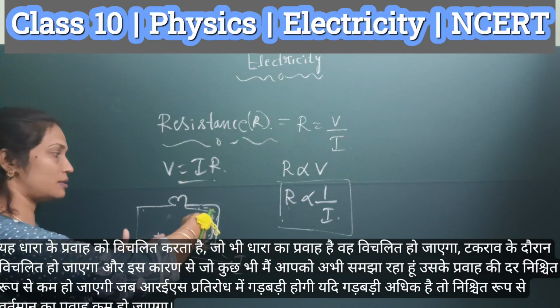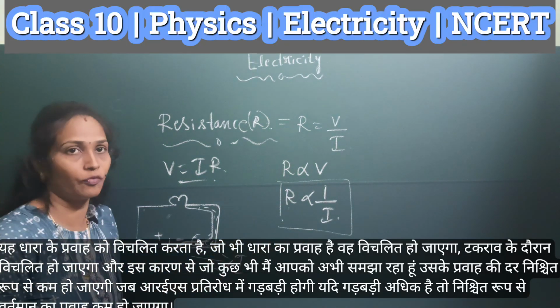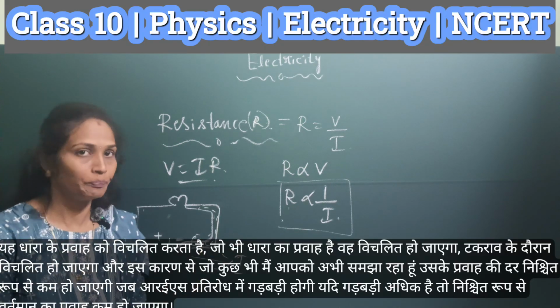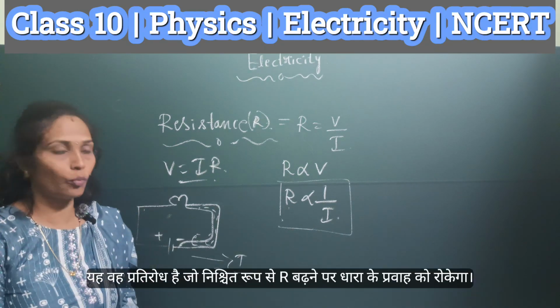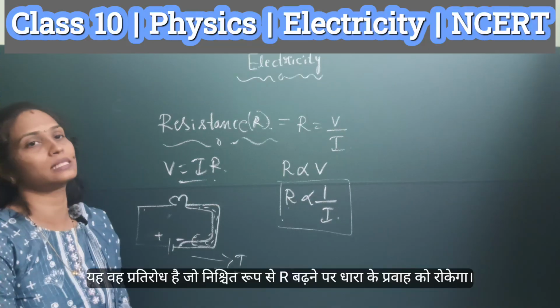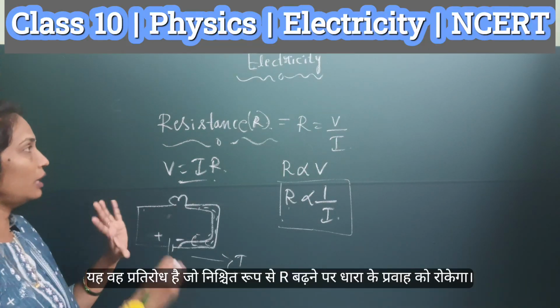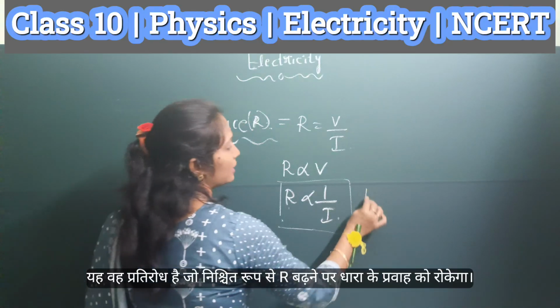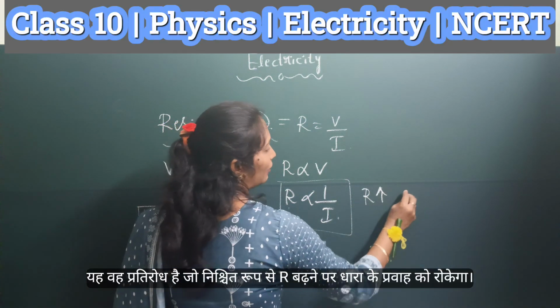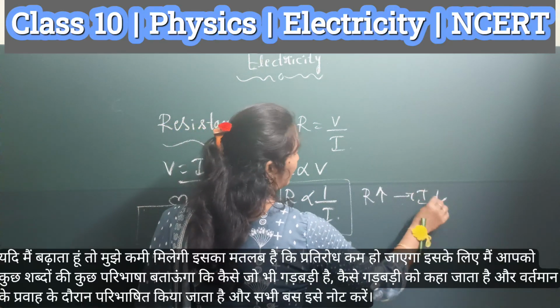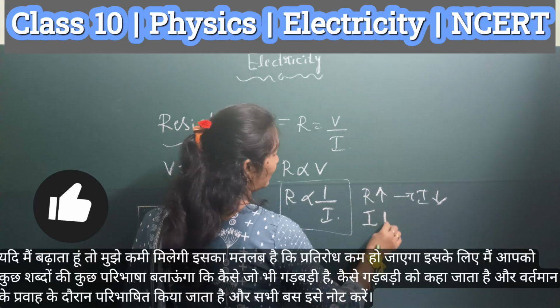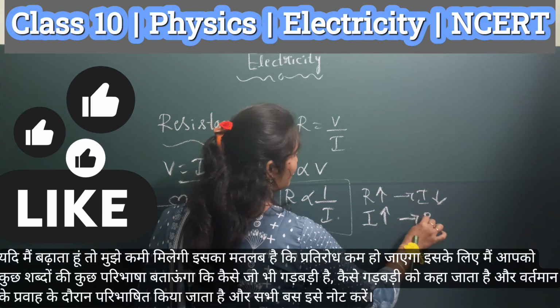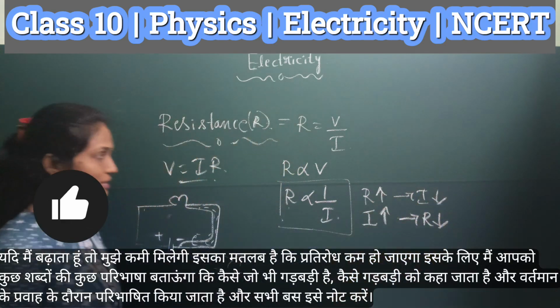If the disturbance is more, definitely the flow of current will decrease. This is how resistance opposes the flow of current. As R increases, I will definitely decrease. If I increases, it means resistance will decrease.